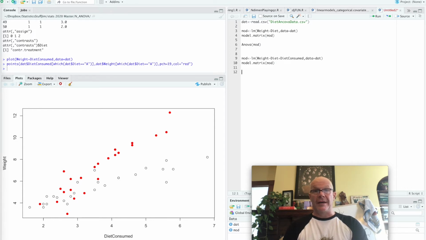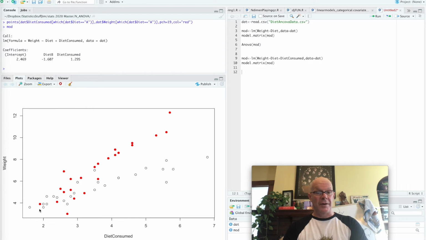And so again, if we look at our model parameters, we can draw those abline lines now to go over this graph. So we could start with wanting to say plot diet A. And so we will say abline, a is going to equal 2.469.